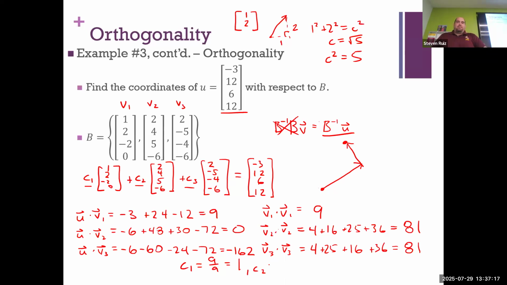C2 is a little bit trivial, but I'll write it down just in case. That'll be equal to U dot V2 over V2 dot V2, which is 0. And then C3 will be equal to negative 162 over positive 81, which is negative 2.